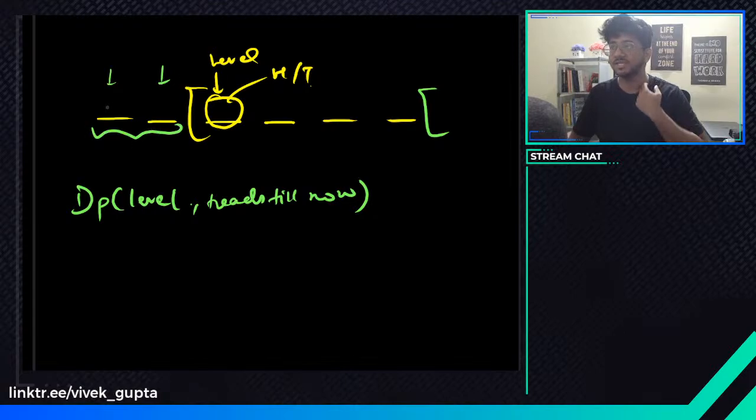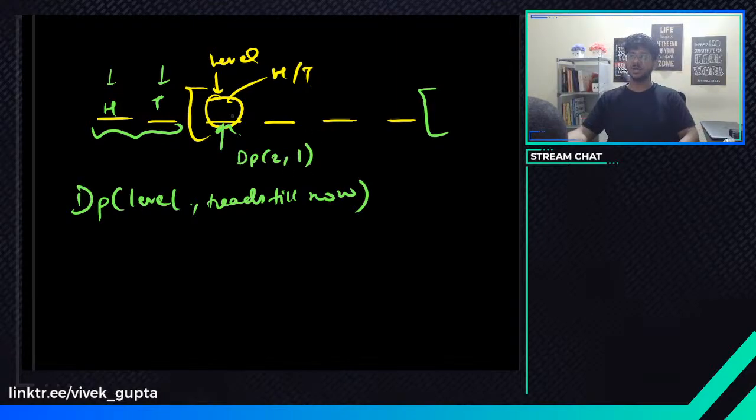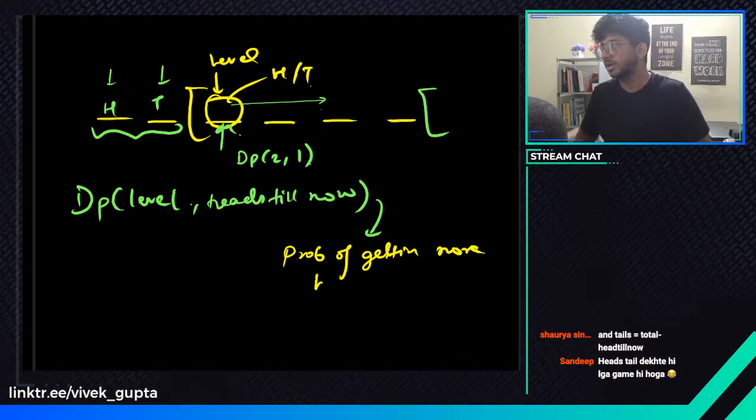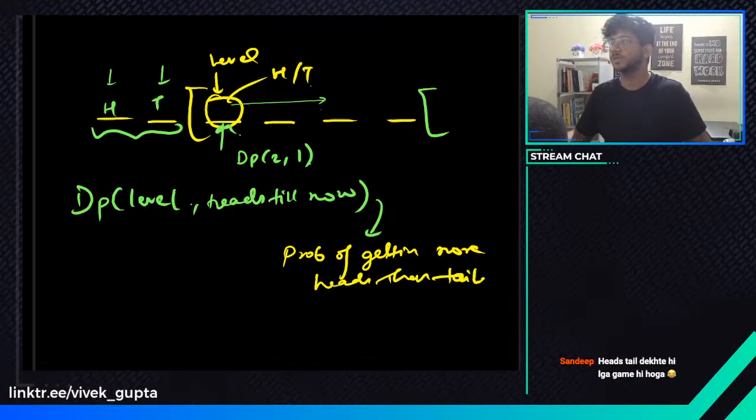For these you have decided that this is, let's say, heads, this is, let's say, tails, and you are over here, so you will be at dp of, let's say, index 2, and you have decided to take one head till now. What is the question? The probability of getting more heads than tails. The same thing, but for this much of the problem.